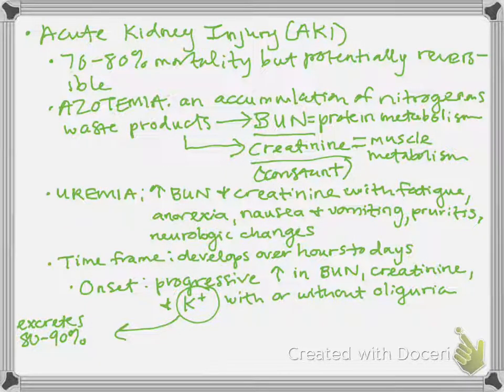Also, urine output changes are not directly indicative of glomerular filtration rate. Just because a patient is urinating a lot, like in the diuretic phase of AKI, doesn't mean they're filtering properly in their kidneys.